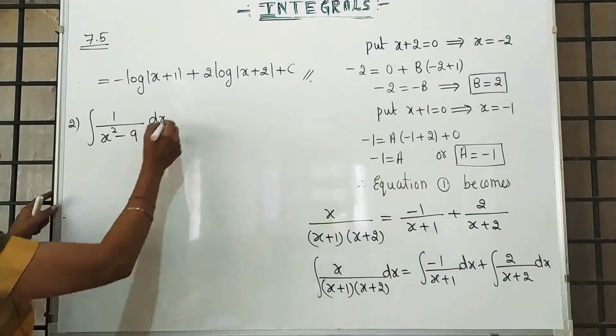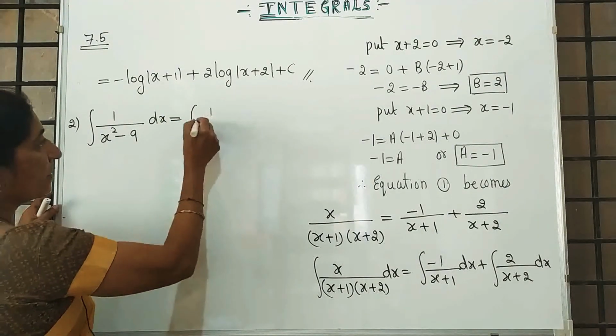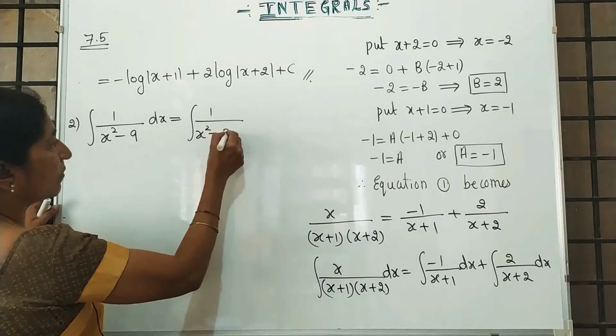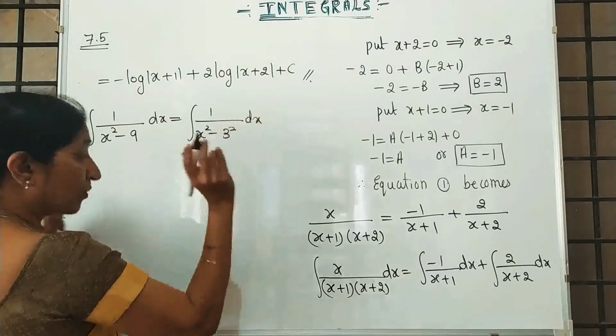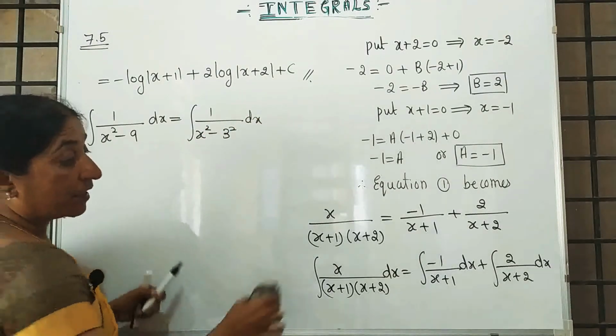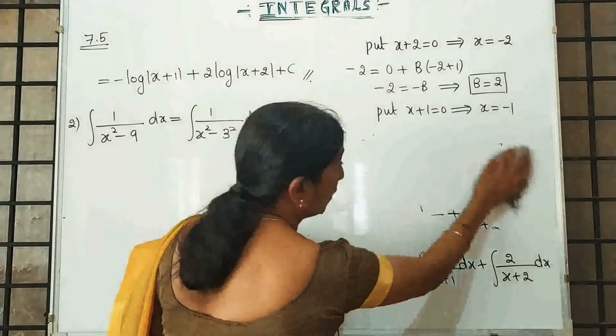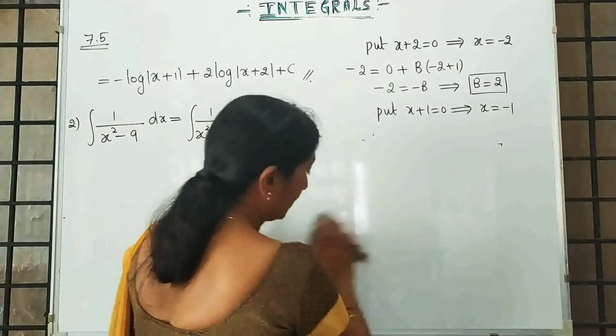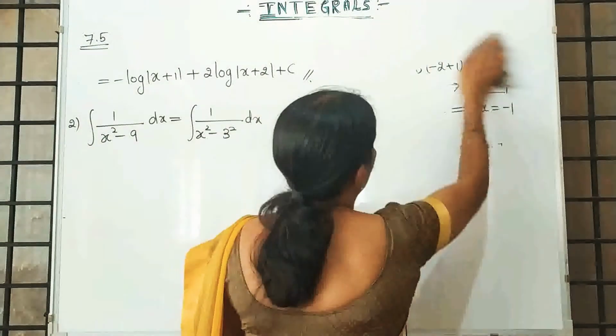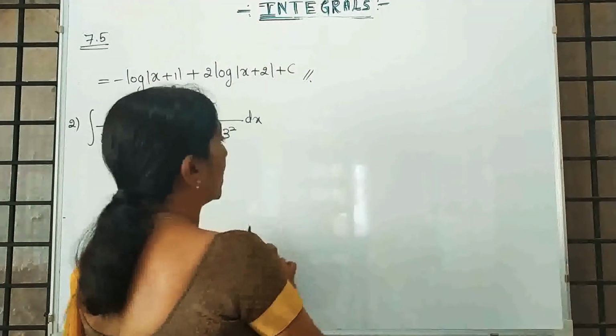See, this we can write as 1 upon (x square minus 3 square). Have you remembered the formula? Yes, they are out of the 6 formulas. Already we are familiar. It is in the form of 1 upon (x square minus a square).